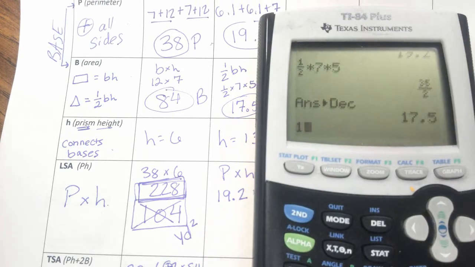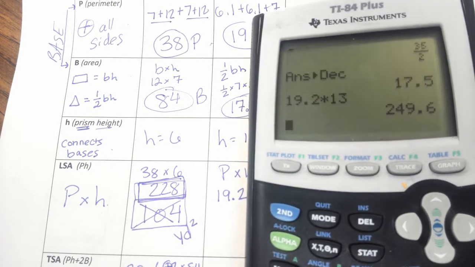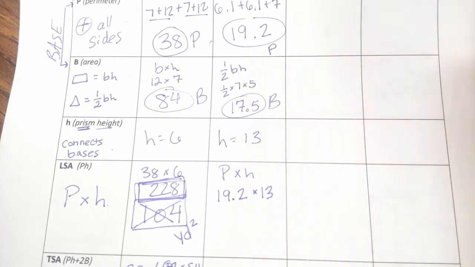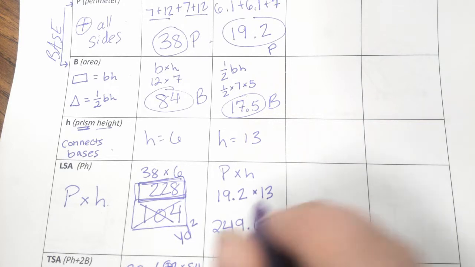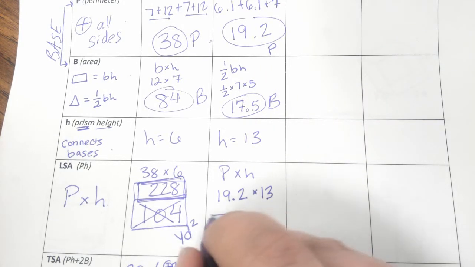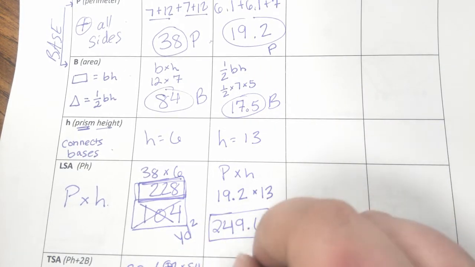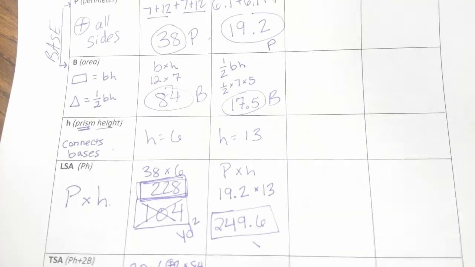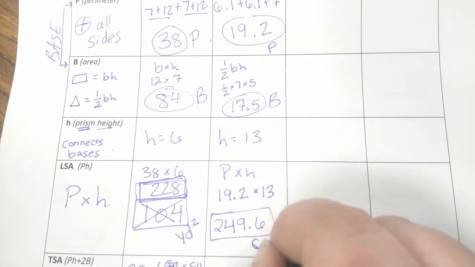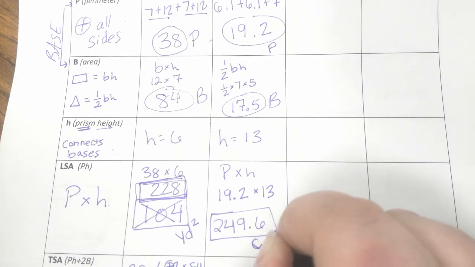You can take your 19.2 and multiply it by 13. The product is 249.6. Again, this is an area. Both sides are measured in centimeters, so centimeters squared.